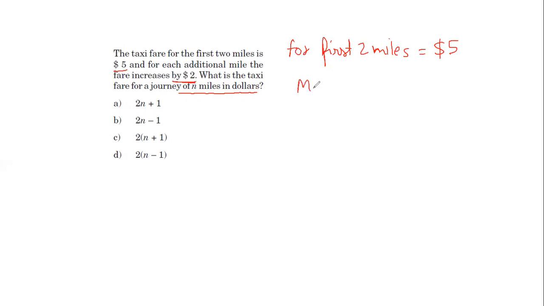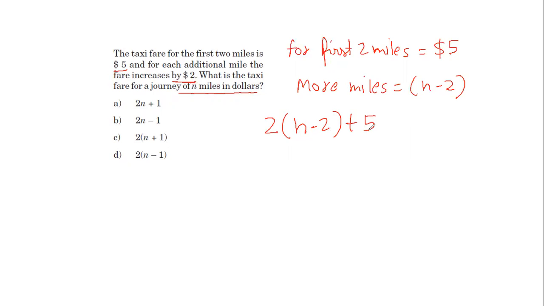So how many more miles do I need to cover? I have already covered 2 miles, so the more miles I have to cover is n minus 2. And for every mile that I cover, I will pay him $2.